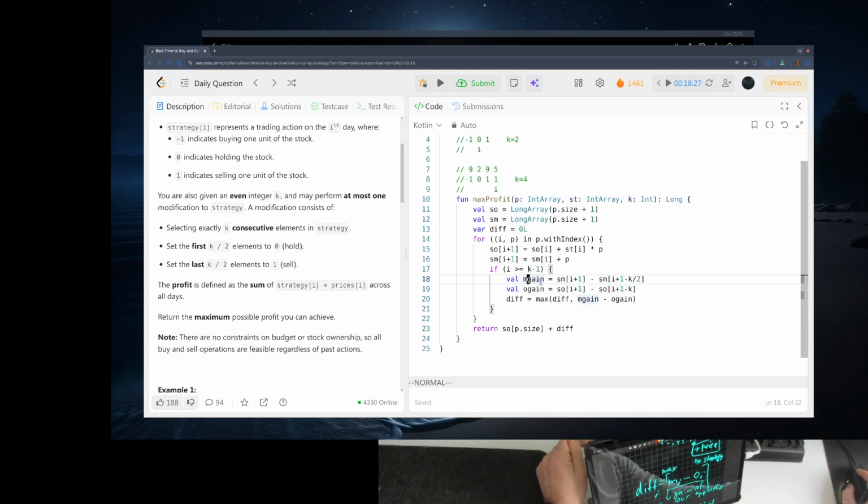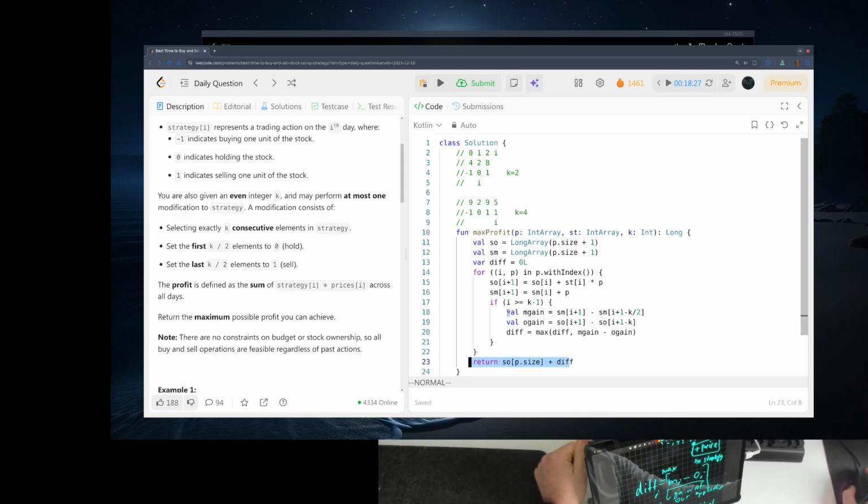And to find the gain of the sliding window, you should subtract the right border minus the left position in this prefix sum. So I then compute the maximum difference and I add it to this original result. So this is how it's accepted.